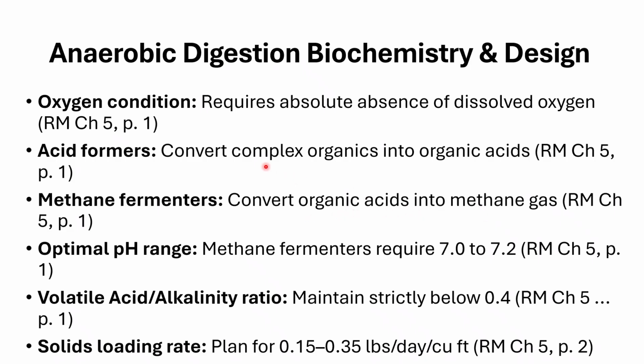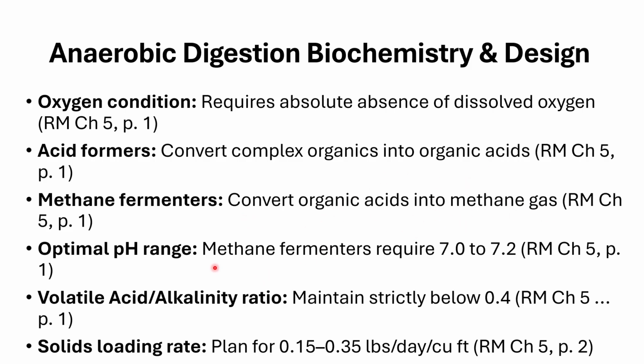So we start out with these complex organics, whether they're sugars, proteins, carbs, whatever coming in, and the acid formers, these microbes, turn those materials into organic acids, and then the fermenters in the setup as well, the microbes there, will convert these organic acids we formed into methane gas.